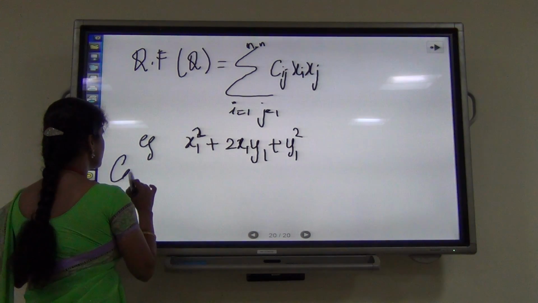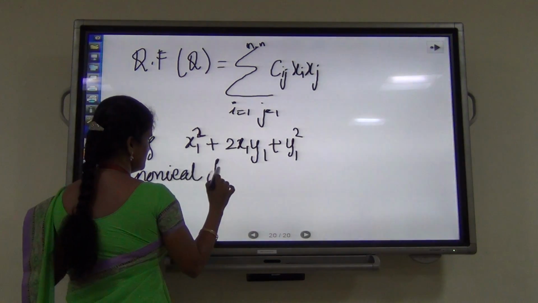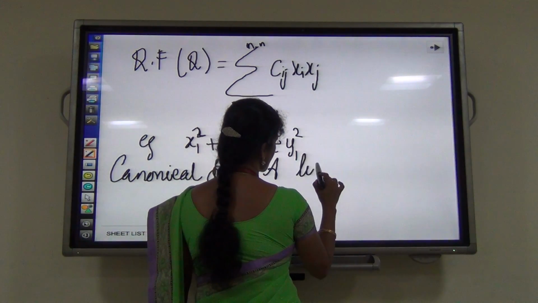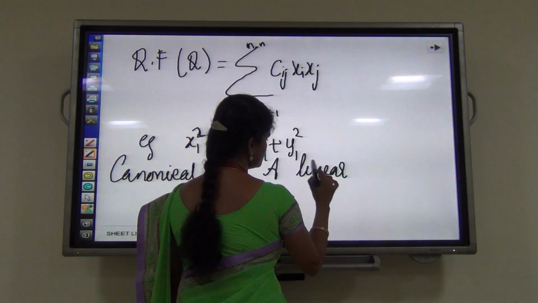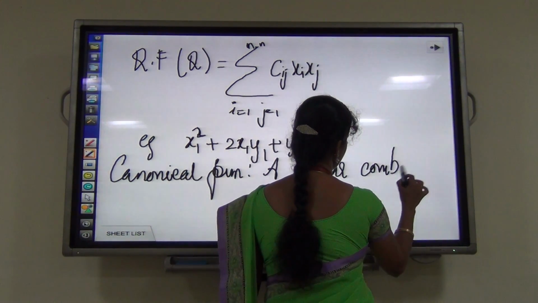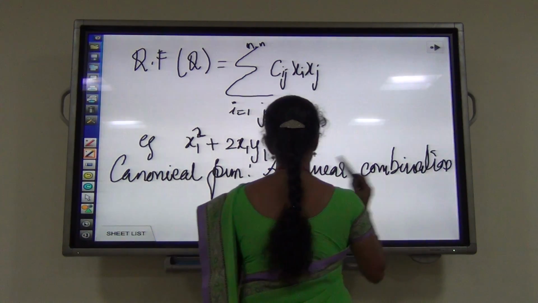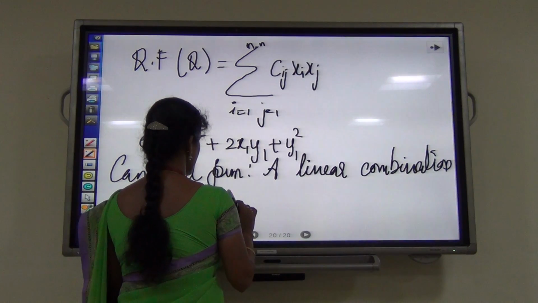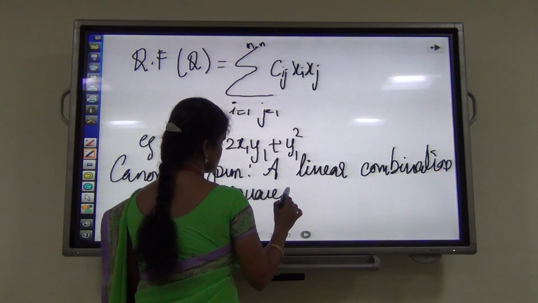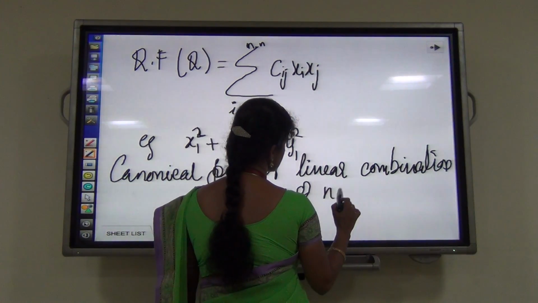What is the canonical form? A linear combination of squares of n variables.